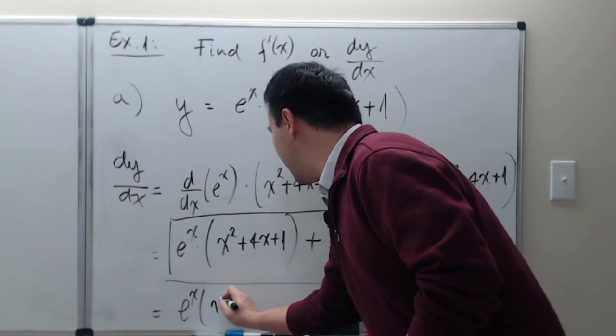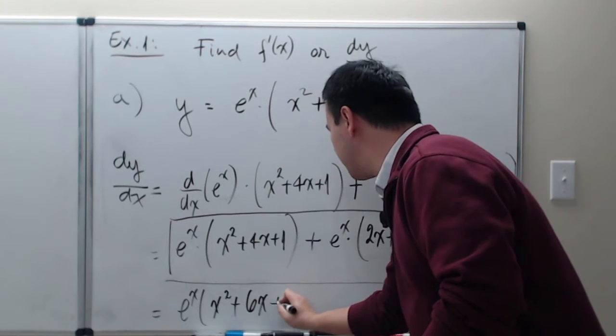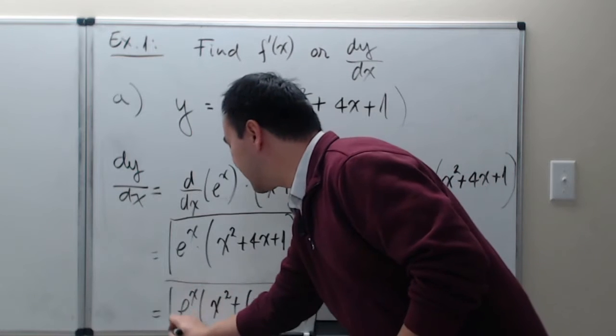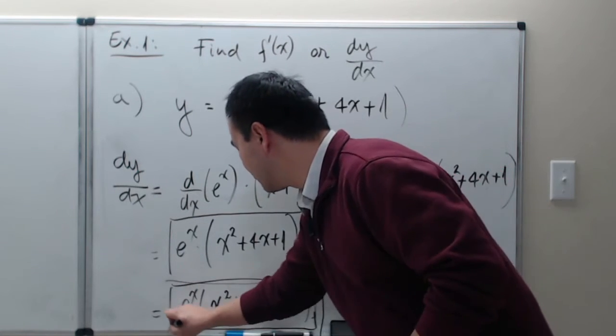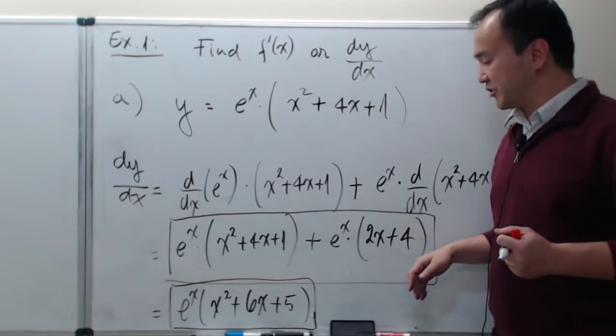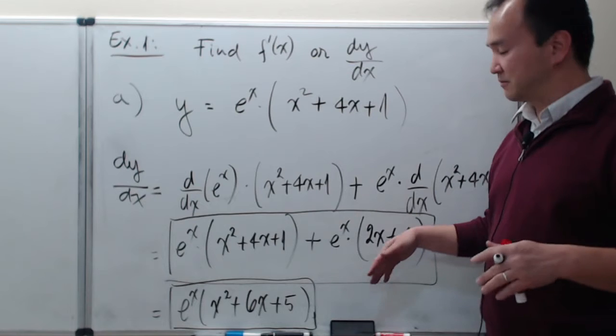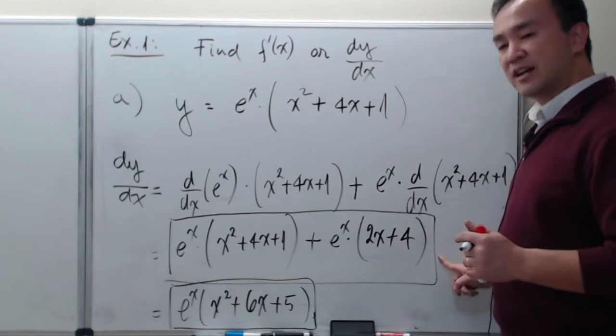So we're looking at e to the x times x squared plus 6x plus 5, and that's another way of writing our final answer. In this video lecture I'm showing two different ways, but normally the way I see it, right here is already where you are done with taking the derivative.